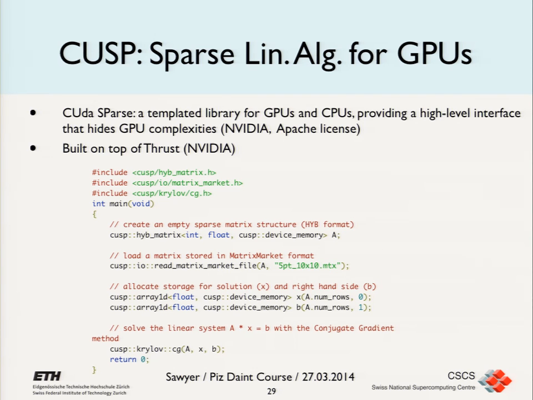There are, again, different types of sparse matrices, hybrid matrices, CSR matrices, and so forth. There are facilities to read in from Matrix Market, which has its own matrix format. You define a right-hand side and some sort of initial guess for x, which can be 0, and you solve it. Simple as that, right? Again, single GPU.